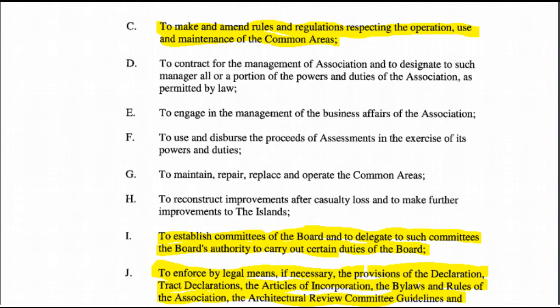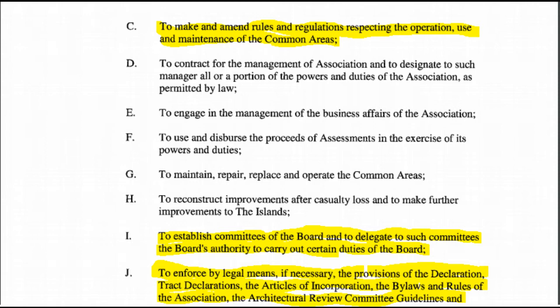As we can see in section C, to make and amend rules and regulations respecting the operation, use, and maintenance of the common areas. These common areas are all owned by the members of the association and will have a particular due for the common areas. Letter I is to establish committees of the board and delegate to such committees the board's authority to carry out certain duties of the board.